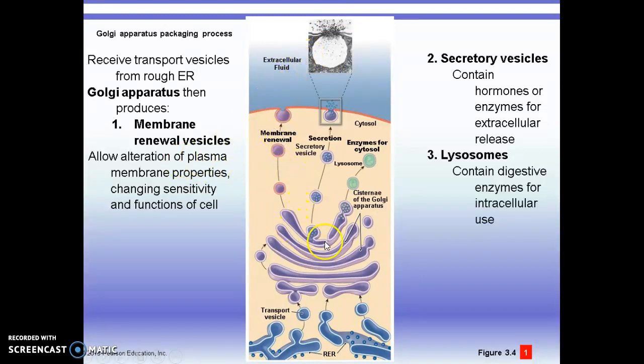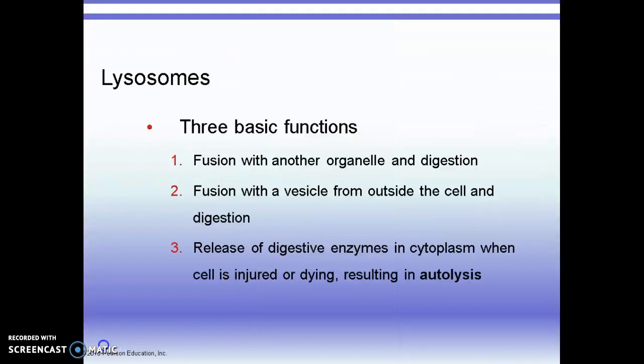The Golgi apparatus is also going to renew the membrane, and it also produces the lysosomes that contain digestive enzymes. So again, the lysosome has three basic functions: fuses with other organelles and digests old organelles.